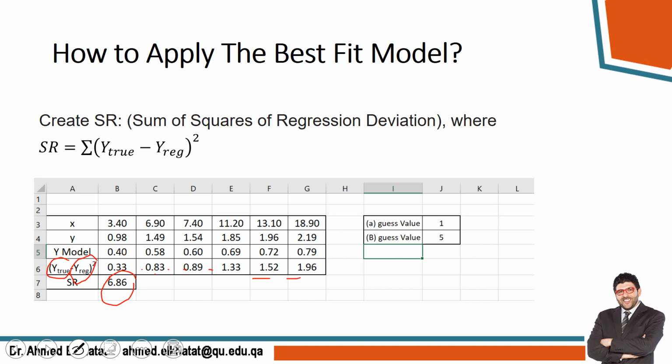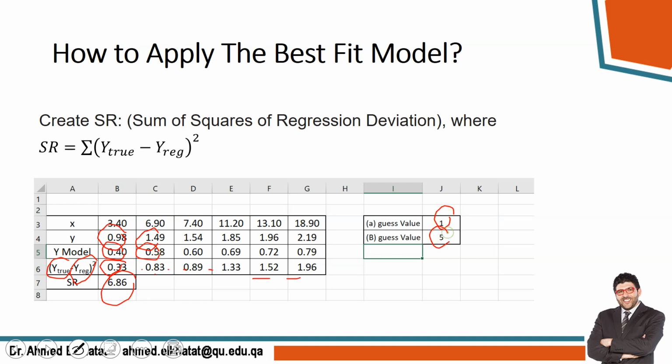As you can see here, the difference between y true and y model is large, so it doesn't represent the correct value. Why? Because the initial guesses are wrong.